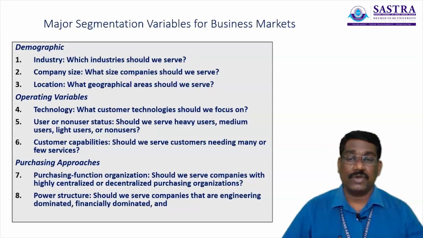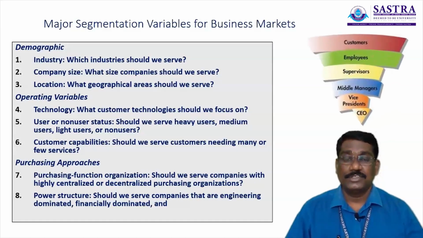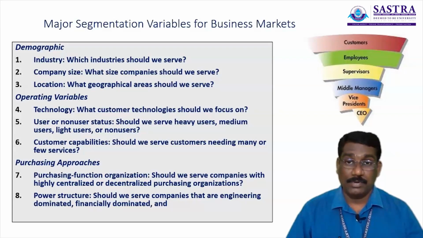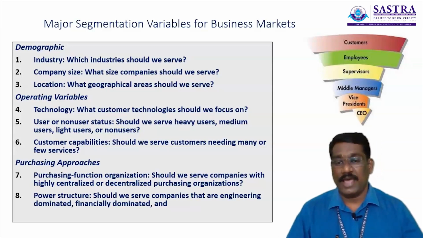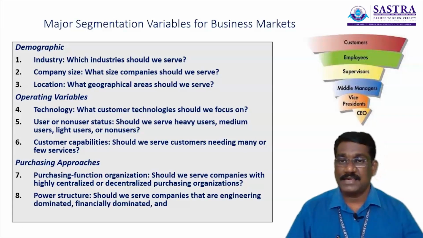Next one, let's talk about the power structure. Should we serve companies that are engineering dominated, like GE, or we can talk about BHEL, or like Sundaram Finance or Bajaj Finance, like that. So what kind of power structure they have, we need to analyze that.